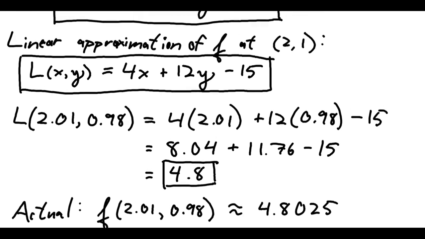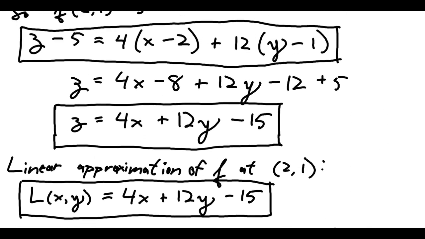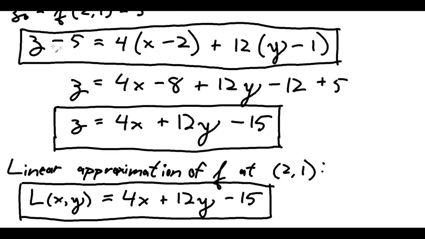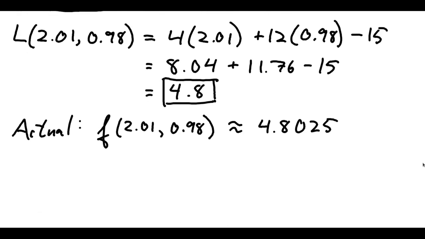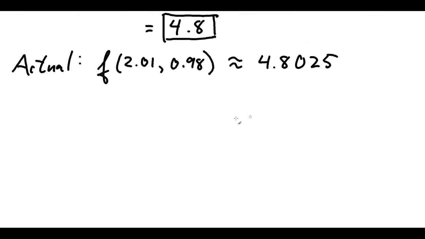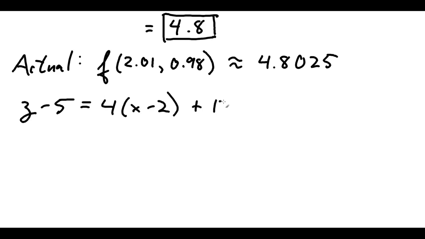And for that purpose, let's actually come back to this earlier plane equation that we have. This z minus 5 equals 4 times (x minus 2) plus 12 times (y minus 1). Let me recopy that down here. z minus 5 equals 4 times (x minus 2) plus 12 times (y minus 1).